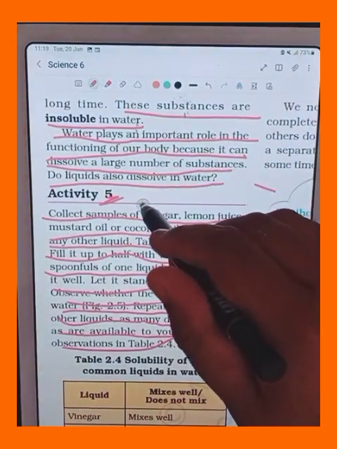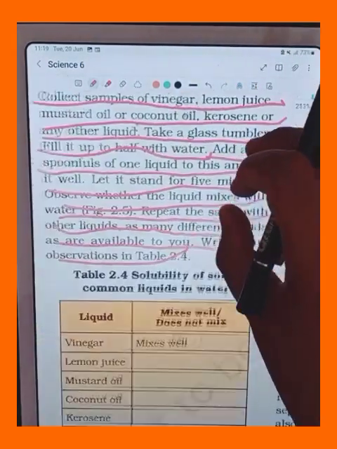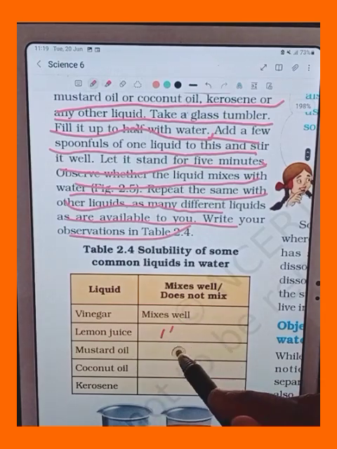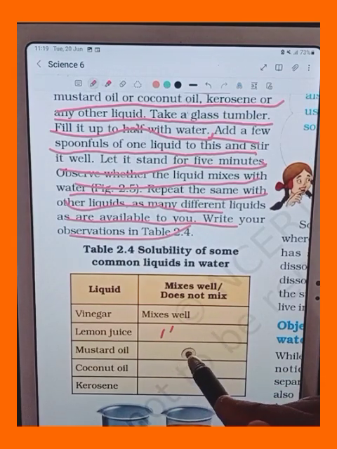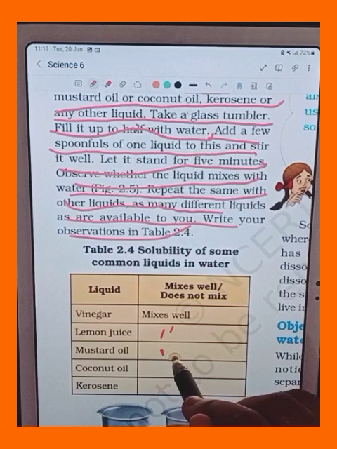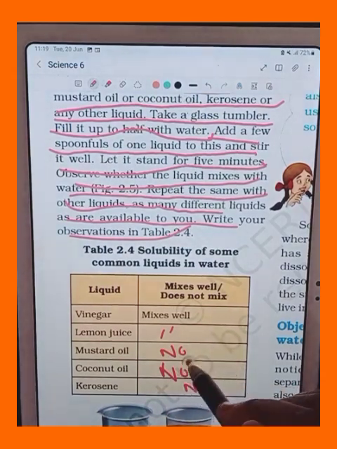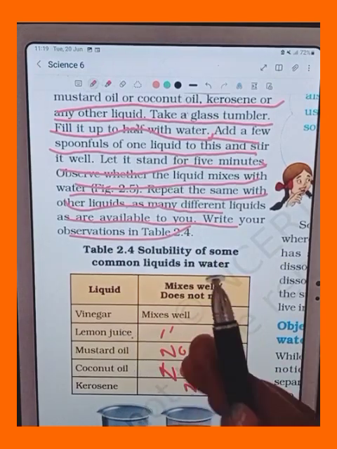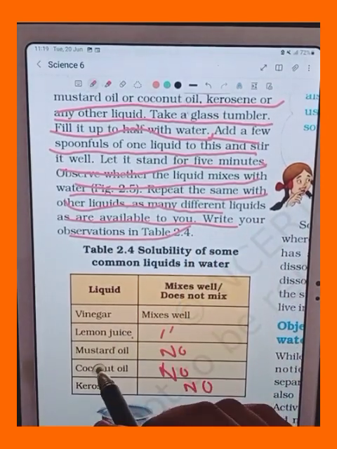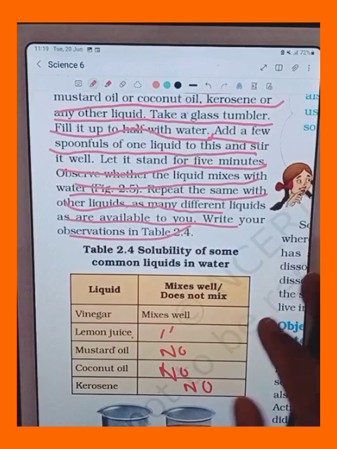So vinegar can mix, yes. Lemon juice also. Mustard oil, no, and coconut oil, no. So vinegar and lemon juice mix well with water, while mustard oil, coconut oil, and kerosene do not mix with it.